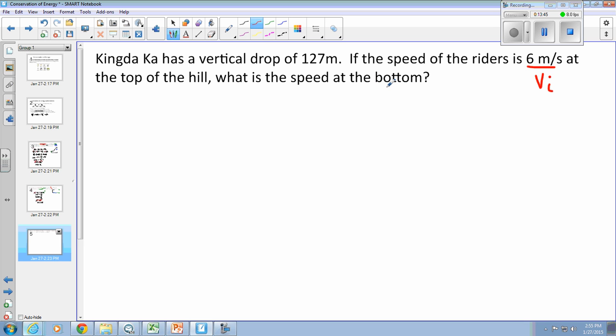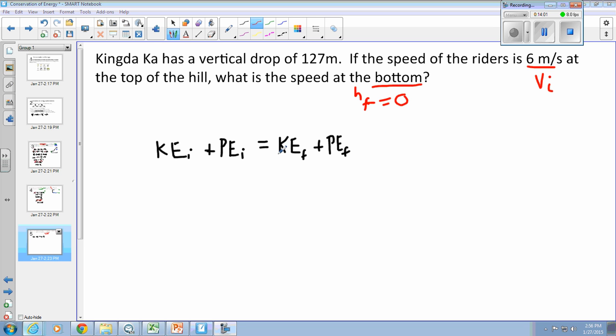Well, let's make the bottom of the hill the 0 energy line. So essentially, if it's at the bottom, we'll say our final height will be 0. So we write our conservation equation, and our speed at the bottom is what we're trying to find.